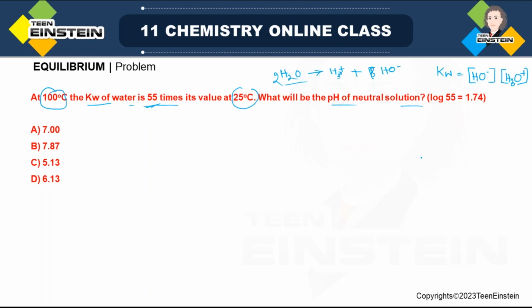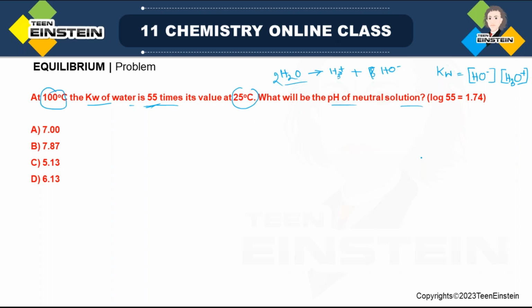At 25 degrees centigrade, we know the value is 1 into 10 to the power minus 14. But at 100 degrees centigrade, the value is 55 times high. So this information is basically giving you the Kw value at 100 degrees centigrade.